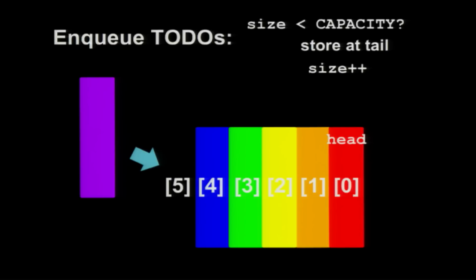it gets a little trickier because actually they don't have a slide for this. So I'm going to draw one because it's not quite that simple once you start getting rid of things. Whereas with a stack, you only ever have to worry about what the size is when you're adding something on.